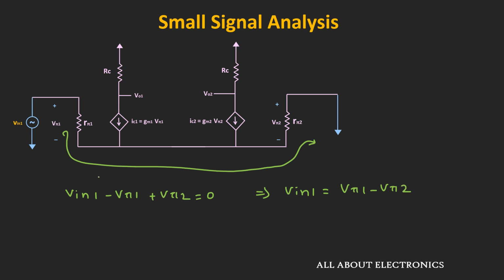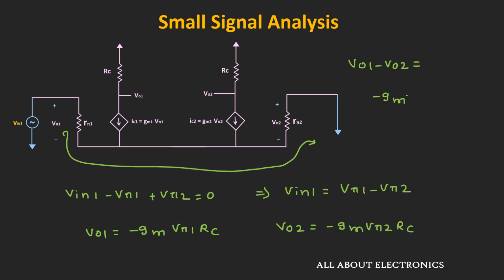And as we have seen, this VO1 is equal to minus Gm times V pi 1 times RC, while this VO2 is equal to minus Gm times V pi 2 times RC. That means differential output voltage VO1 minus VO2 will be equal to minus Gm times RC times V pi 1 minus V pi 2. And this V pi 1 minus V pi 2 is equal to V in 1.